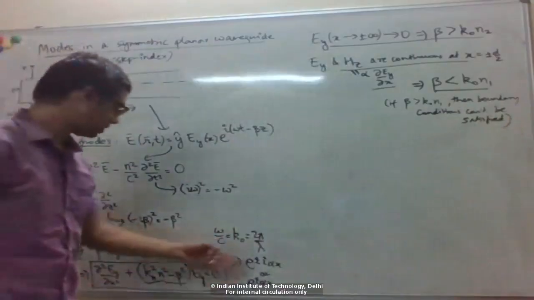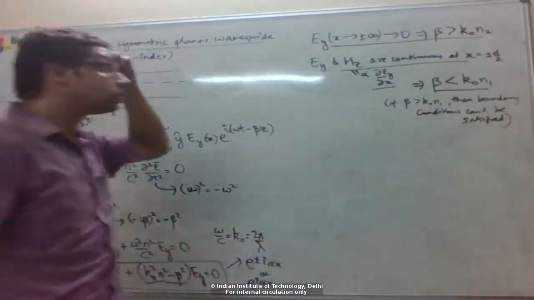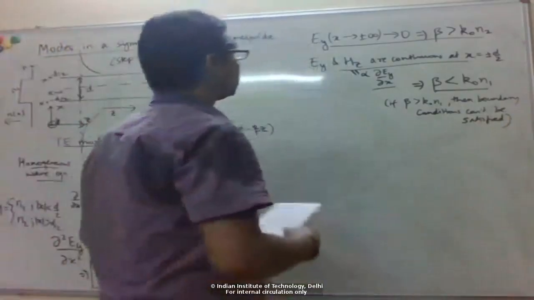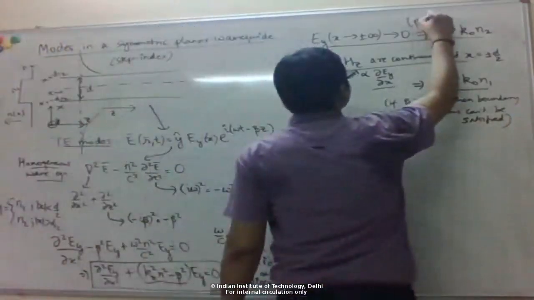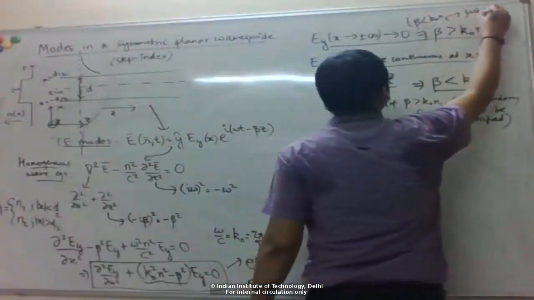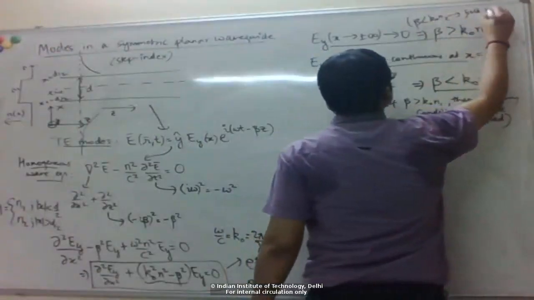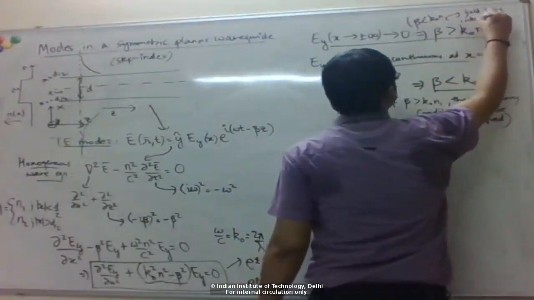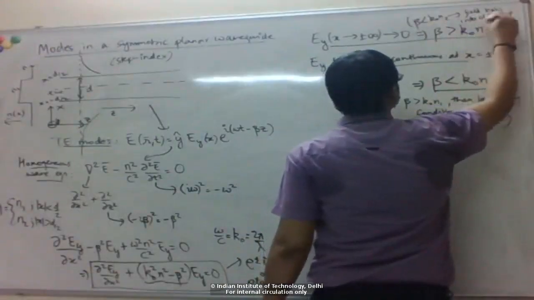Okay, so again, I take solutions of this form and then try to match them here. You'll see that. In this case, if beta became less than k naught n2, then the field leaks into the cladding and travels away, right?